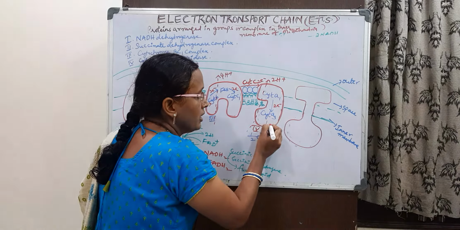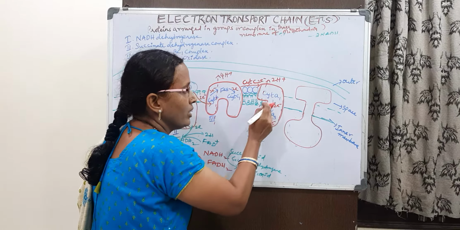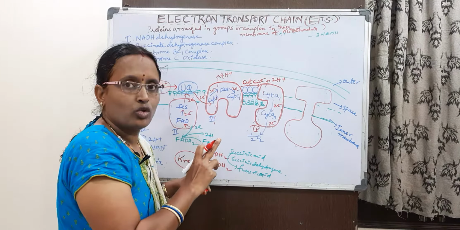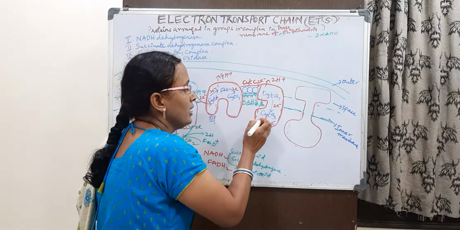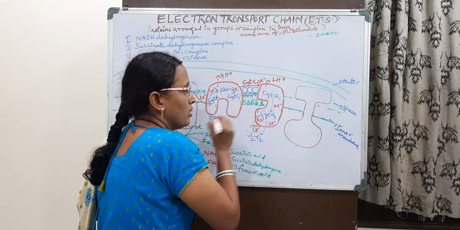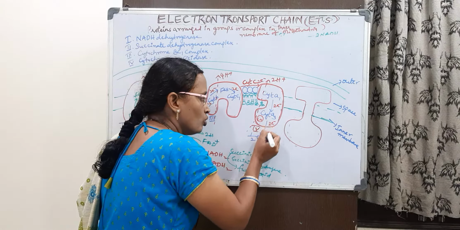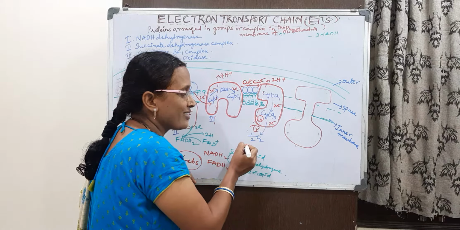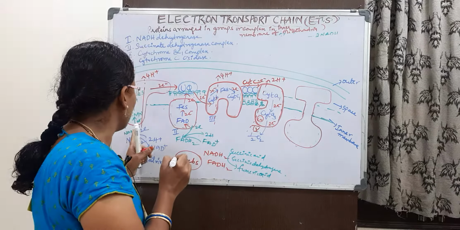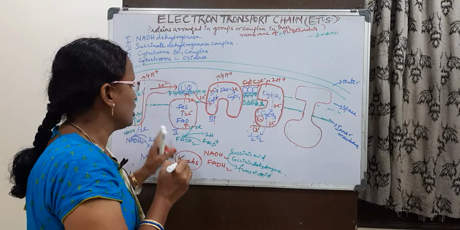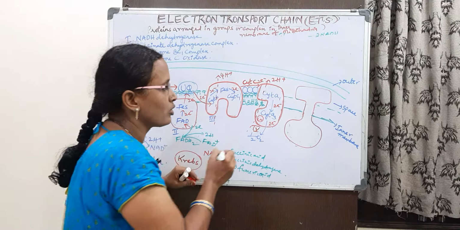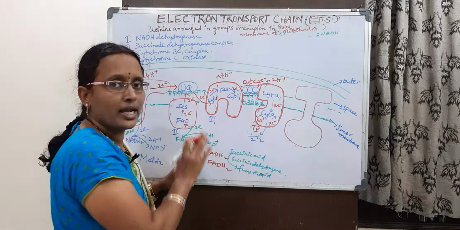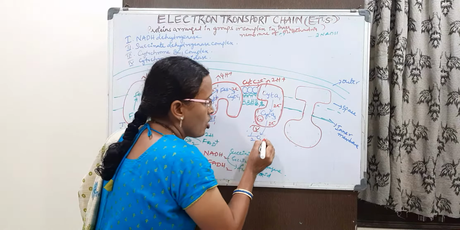In the fourth complex we have A1, A3 and copper also present. Whether the electrons come from NADH2 or FADH2, the final electron acceptor in the electron transport chain is oxygen.